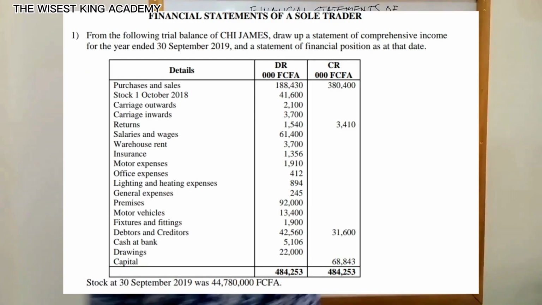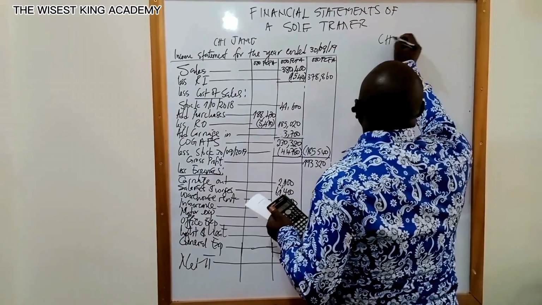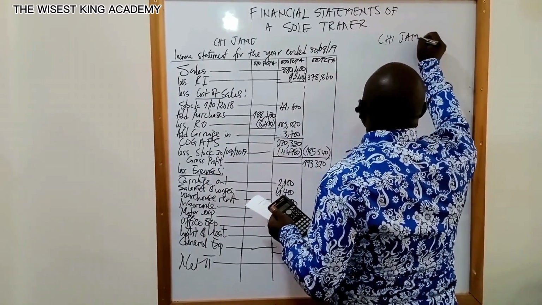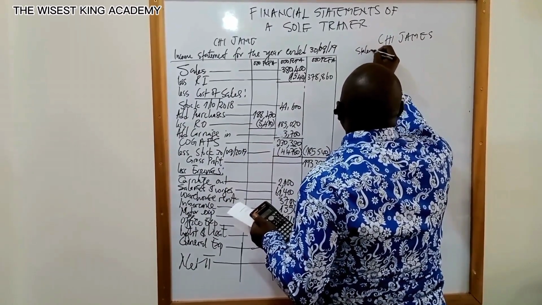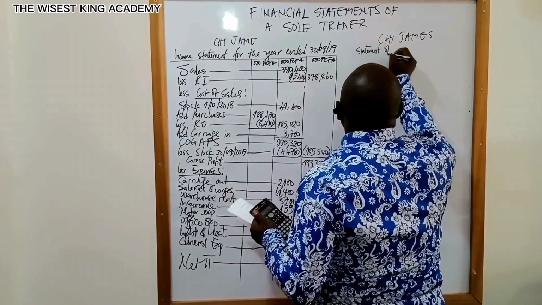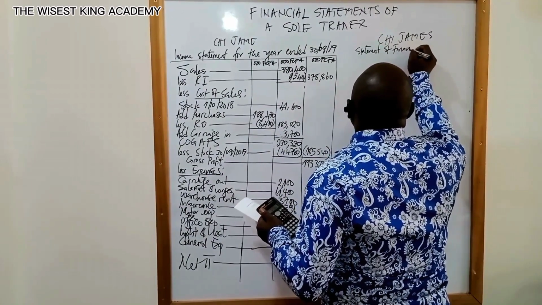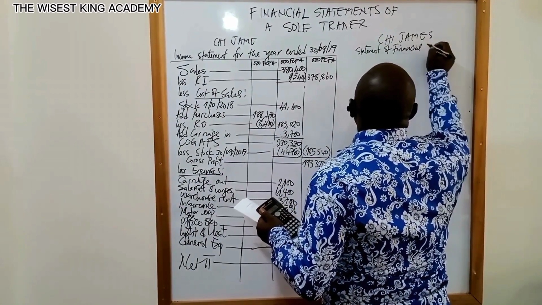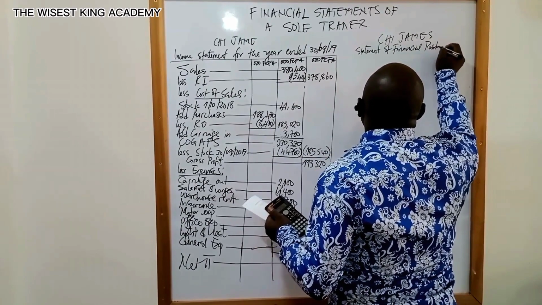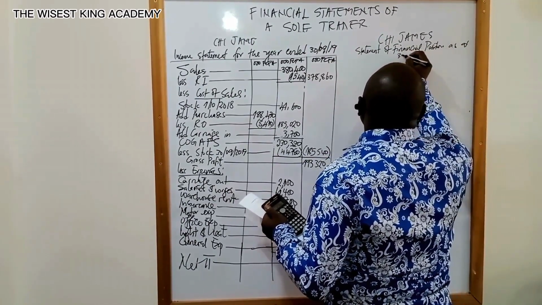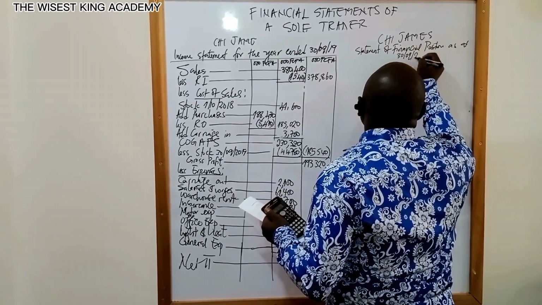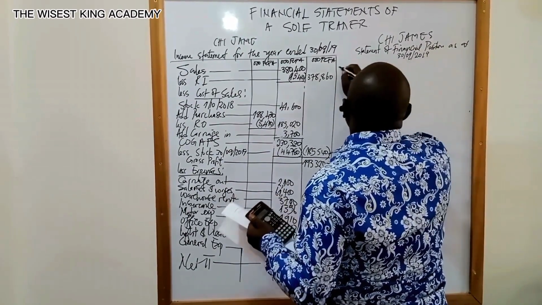So, G. James, statement of financial position as at 30th September 2019.